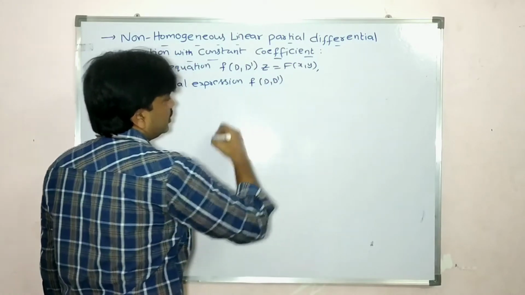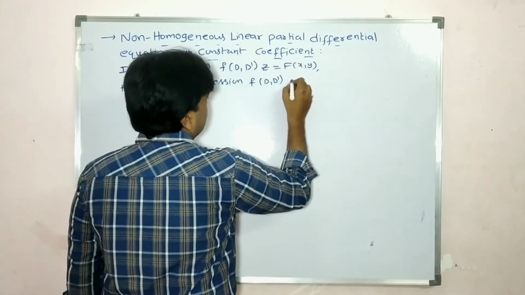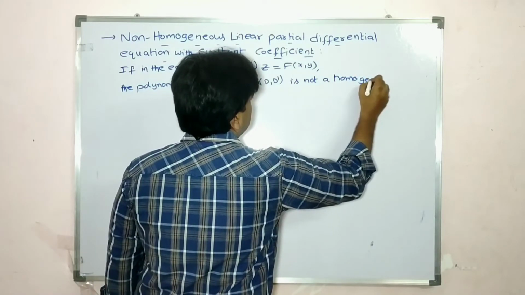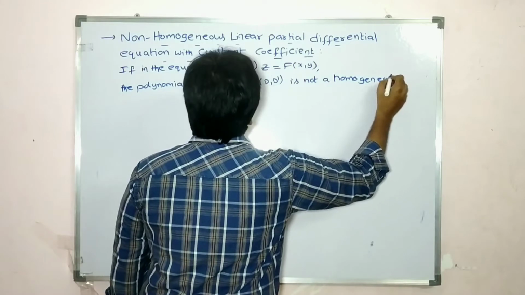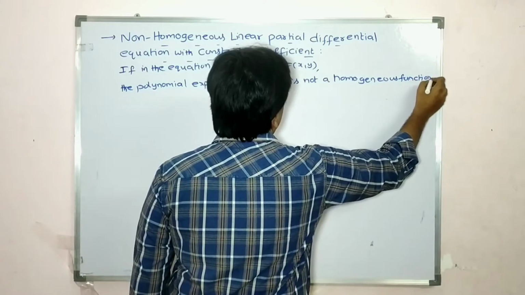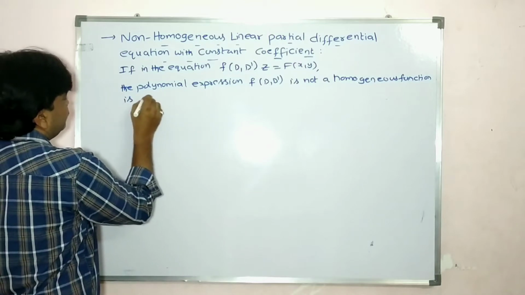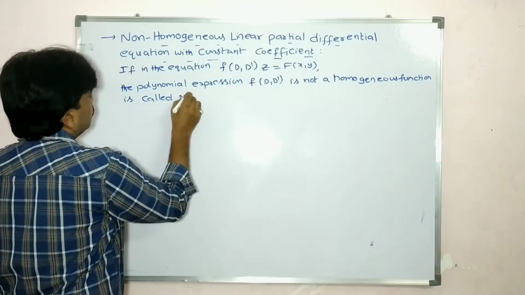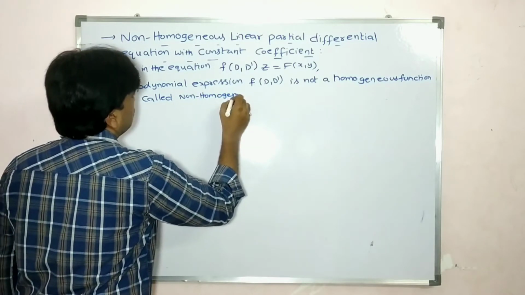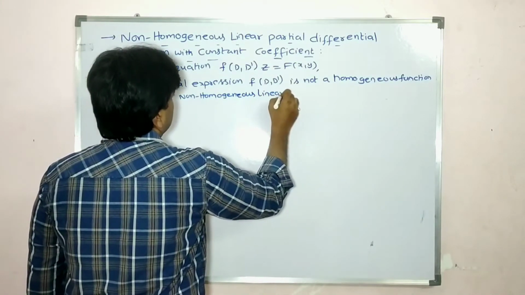F of D comma D dash. It is not a homogeneous function. It is called a non-homogeneous linear equation.